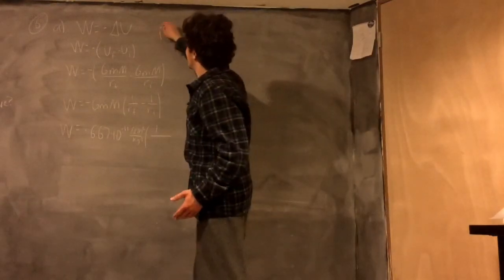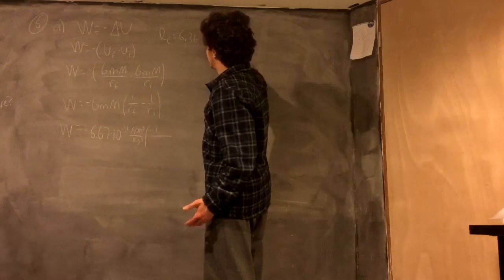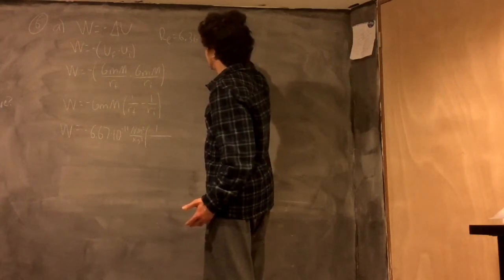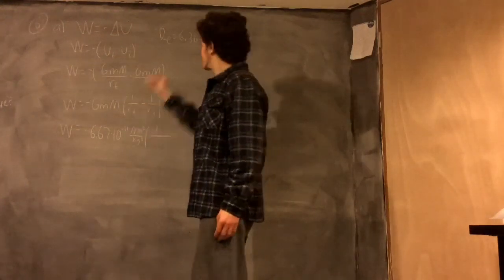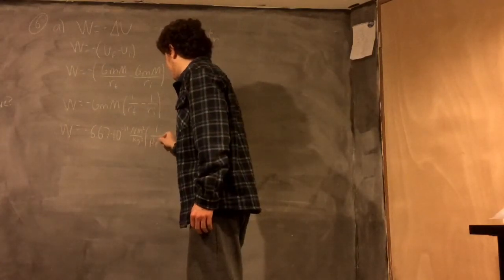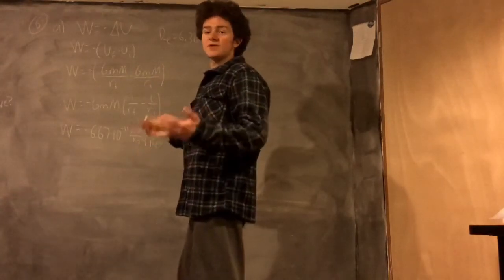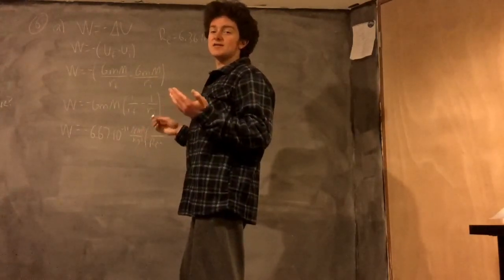The radius of the Earth is equal to 6.36 times 10 to the 6 meters, plus 997 kilometers, which when you convert to meters is 997,000 meters.